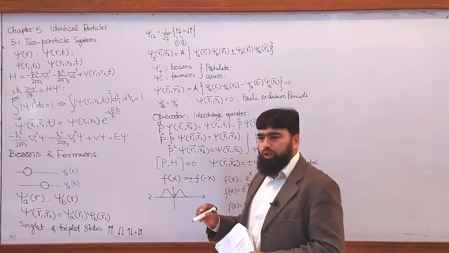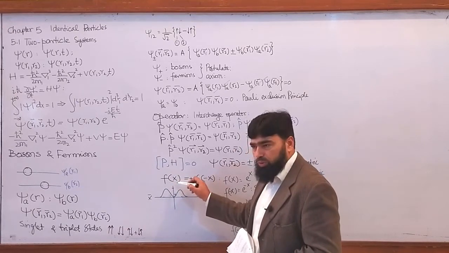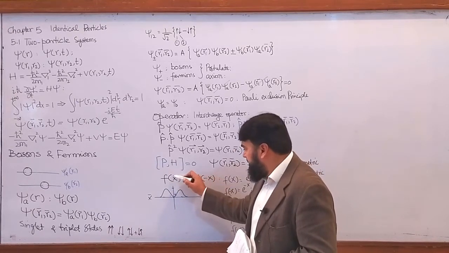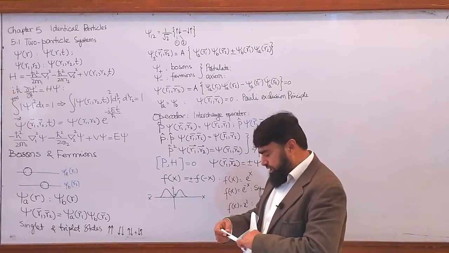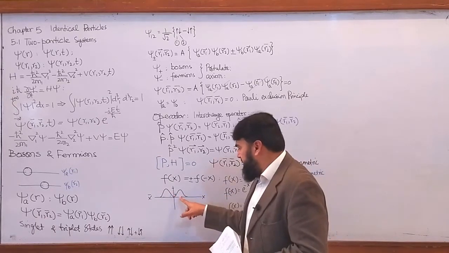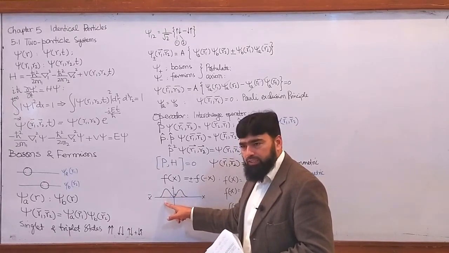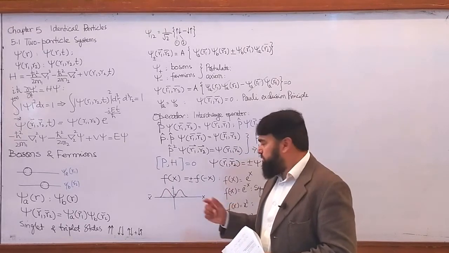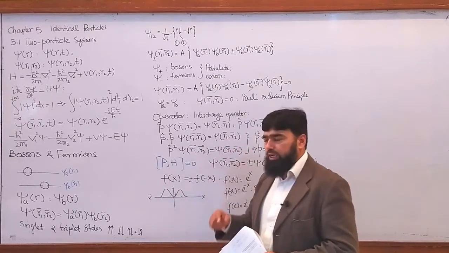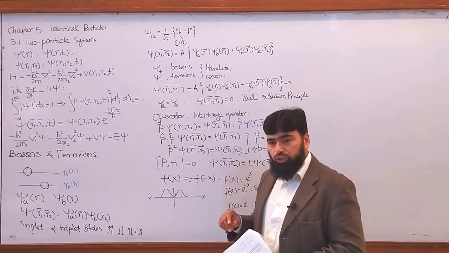Only the x value has changed. This axis is the y value, and this one is the x value. So I changed the x: here it is at plus x, here it is at minus x, but the y value remains the same. So I will say this function is a symmetric wave function.